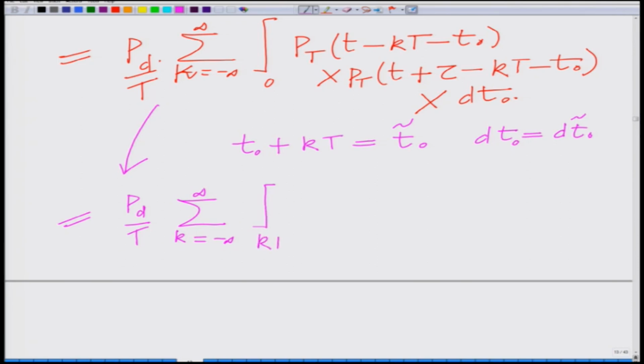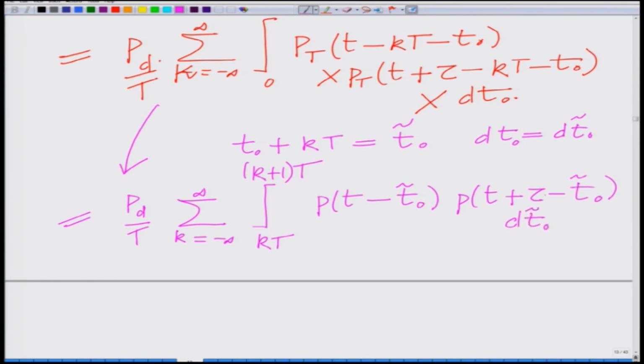So, limits become kt to k plus 1 t. This is P t minus T naught tilde into P t plus tau minus T naught tilde into dt naught tilde.